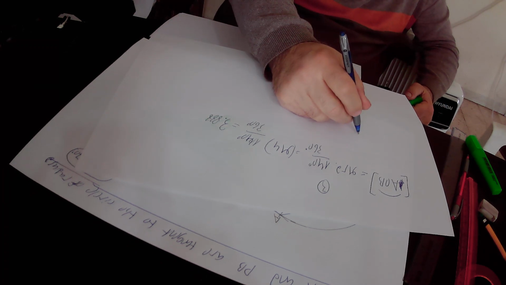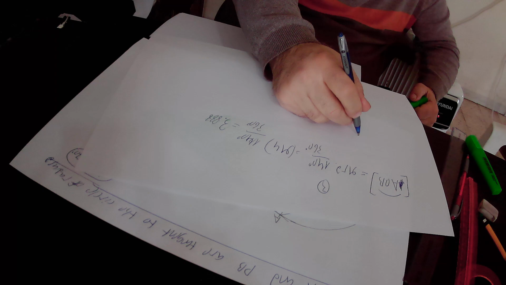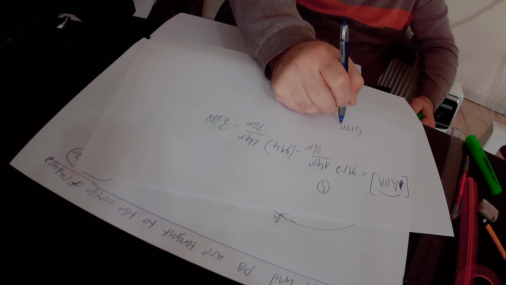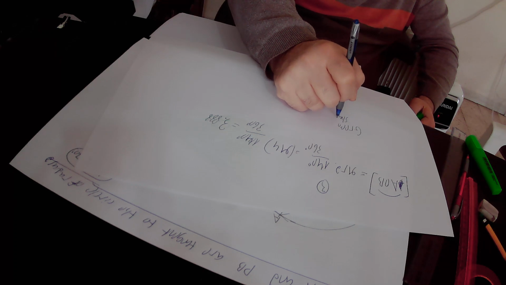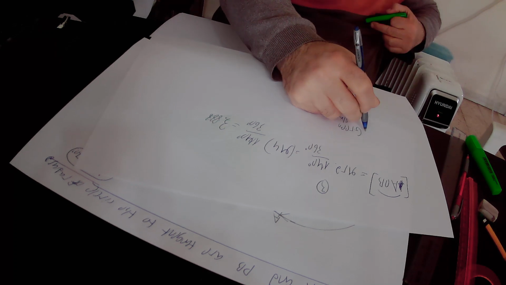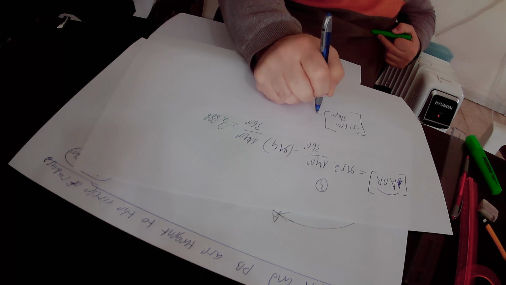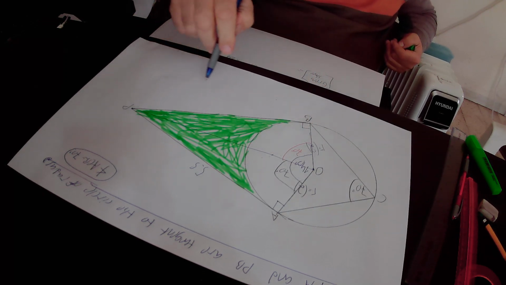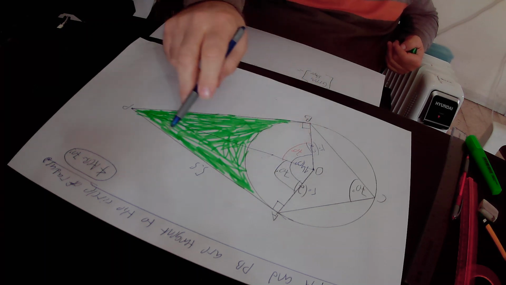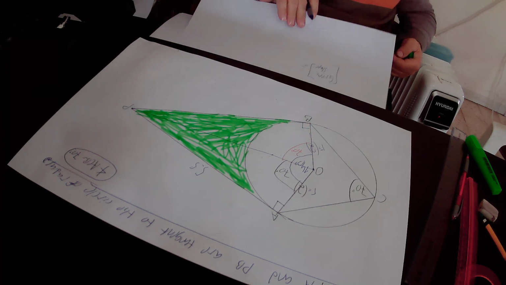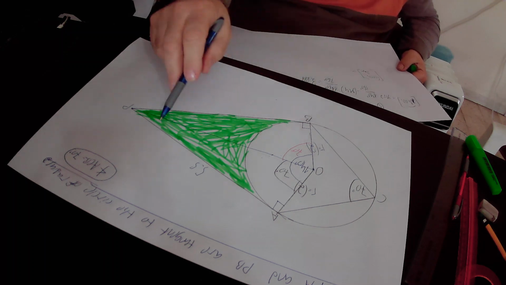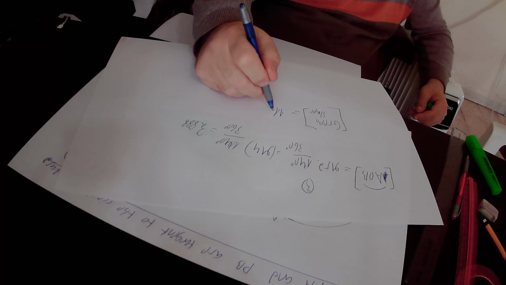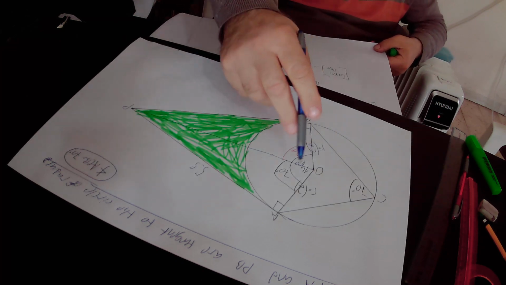And the area of the green shape equals the area of those two right triangles. We have already found out that the area of those two right triangles is 11 square units, minus the area of this sector AOB.